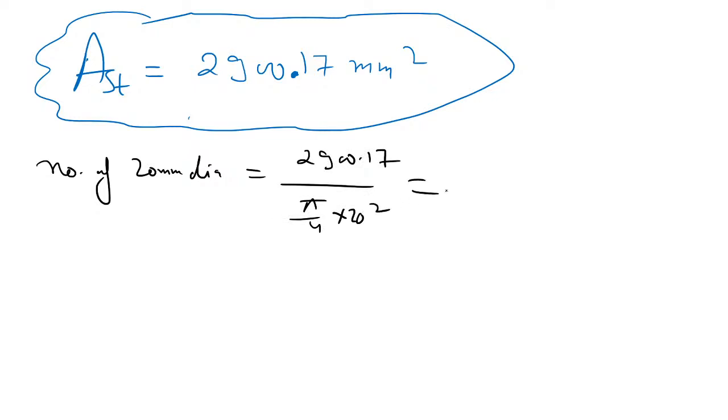So this is 2900 divided by pi by 4 into d square. Okay.